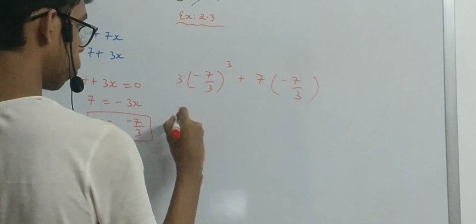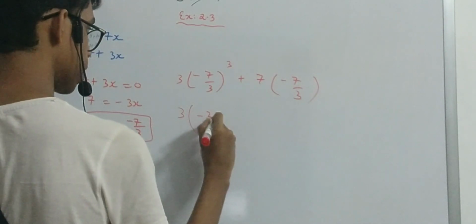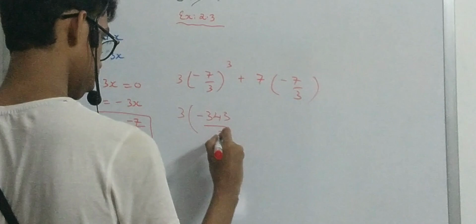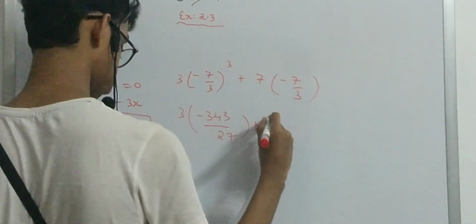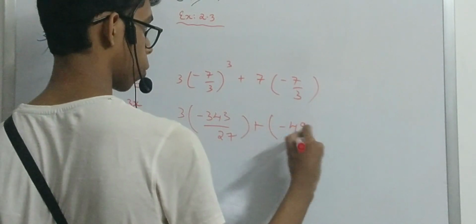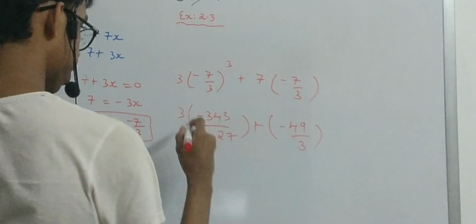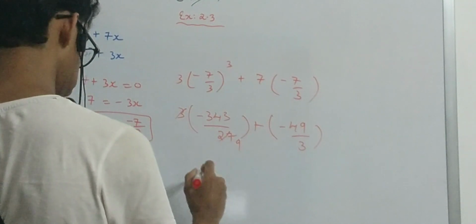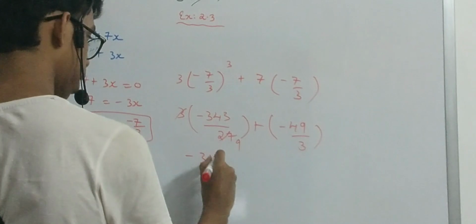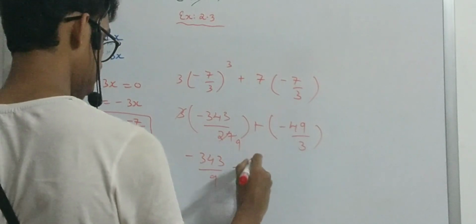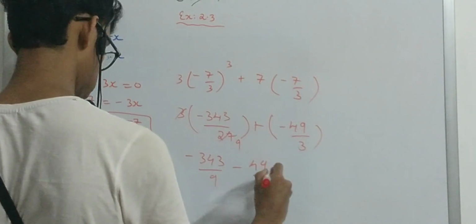When you do it, 3 into minus 343 by 27 plus minus 49 by 3. You can cancel this 3, you will be getting 9 over here. So you will be getting minus 343 by 9 minus 49 by 3.